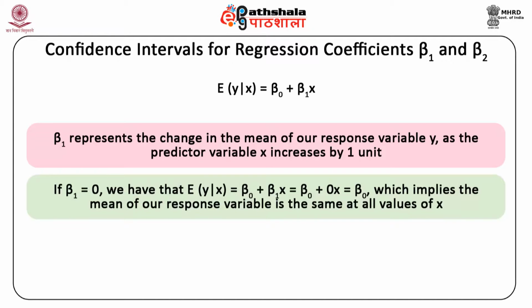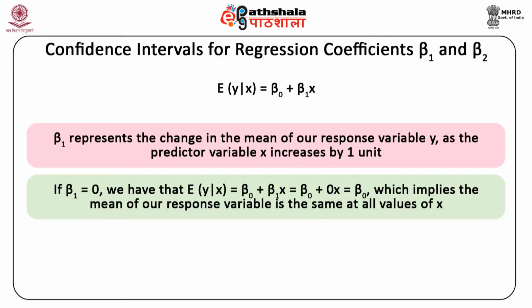Note that if beta 1 is equal to 0, we have that the expected value of y given x is equal to beta 0 plus 0 times x, and hence is equal to beta 0, which implies the mean of our response variable is the same at all values of x.